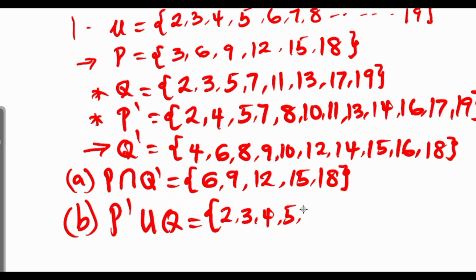So we have 7, 8, 10, 11, 13, 14, 16, 17, then we have 19. So this is P prime union Q.